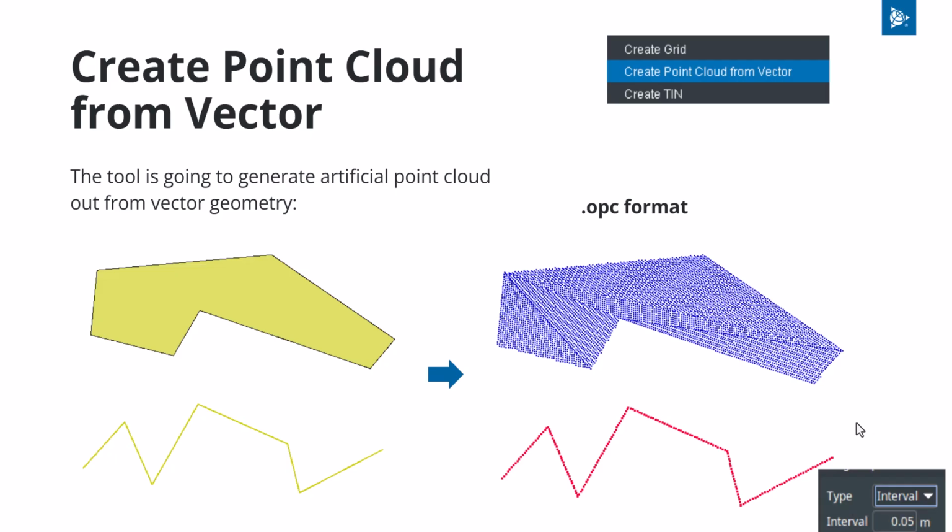The interval, actually the density if it's a polygon, you can define under the options inside the tool. So this final point cloud will be saved as a regular OPC format and can be used up to your needs.